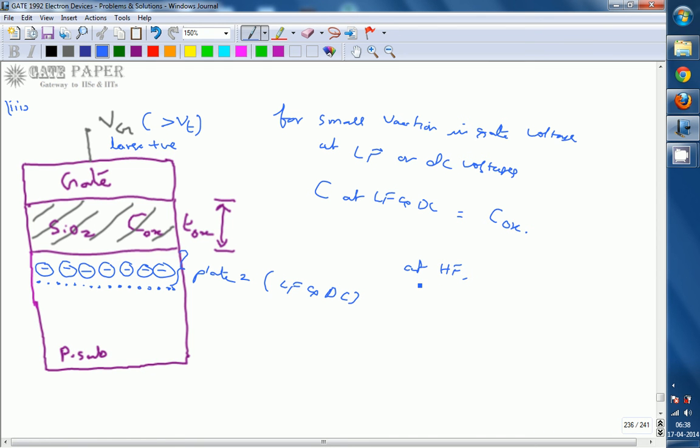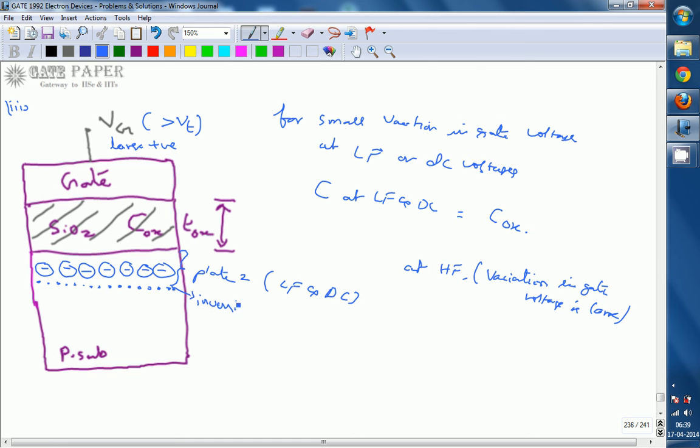At high frequencies, the electron layer changes as the variation in gate voltage is large. Whenever the variation in gate voltage is large, these electrons, that is the inversion layer, are going to be affected by a large amount.